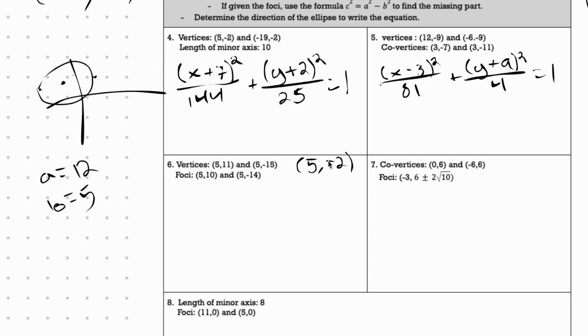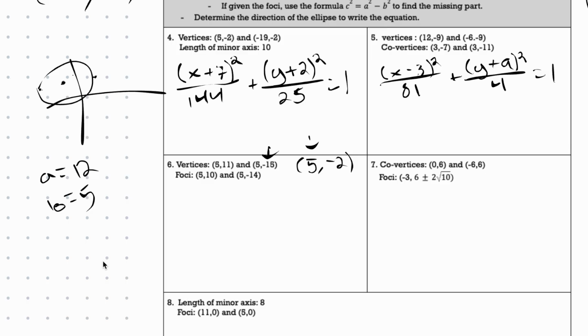And so our distance from this point to that point is going to be about 13. If we just subtract those two y values, we're going to get 13. And why we're allowed to subtract those two is because we have the same x value.